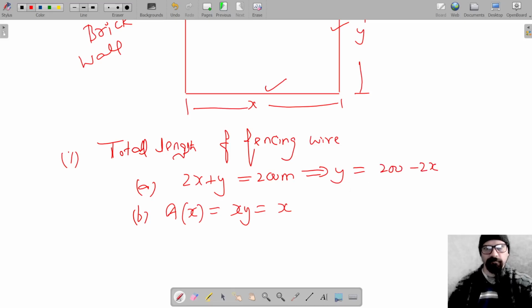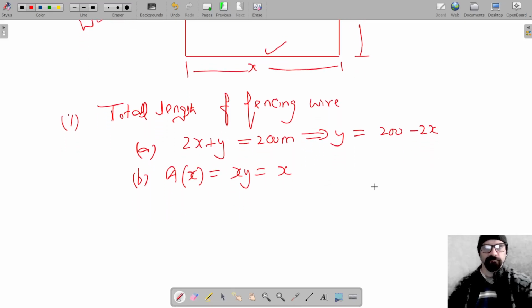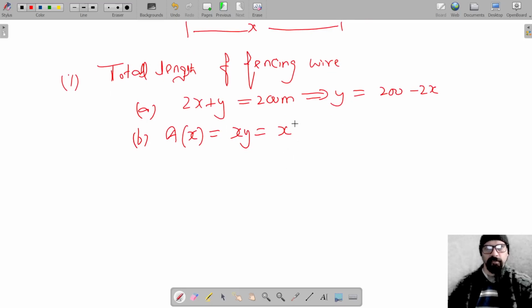So the area is x into (200 minus 2x), and I can take 2 common, so it's 2x into (100 minus x). This is the area in terms of x, length into breadth.